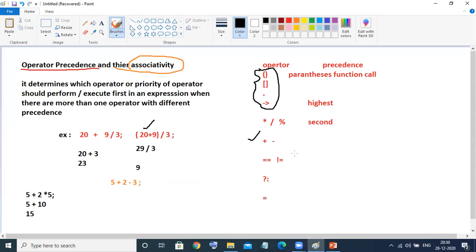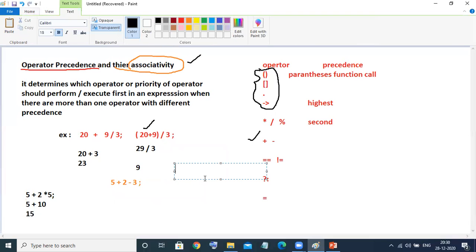Then the question arises, what would be the result? In that case, associativity comes into the picture. There are two possibilities in associativity. Whenever the operators have the same precedence, the associativity will be either from left to right or from right to left.